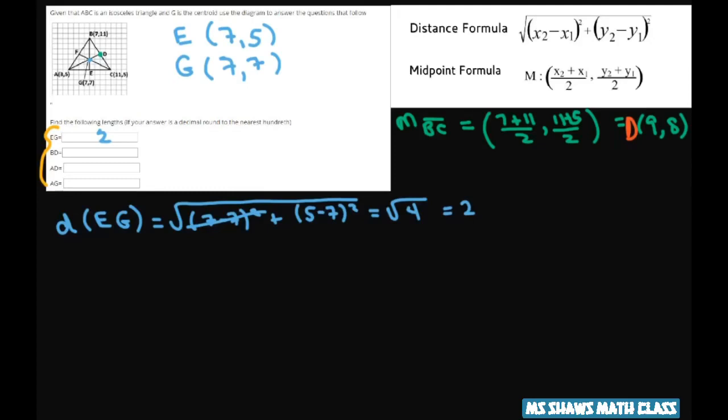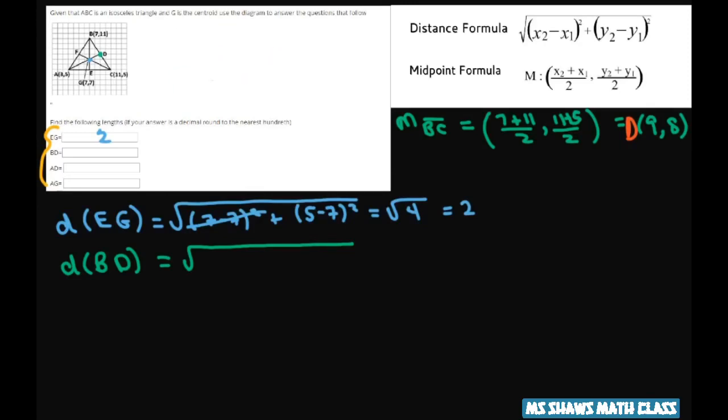Now we need to find the distance of BD. All right, so here we go. We need B and D. So let's write that down. B is 7,11, and D is 9,8. So let's do that. 7 minus 9 squared plus 11 minus 8 squared.